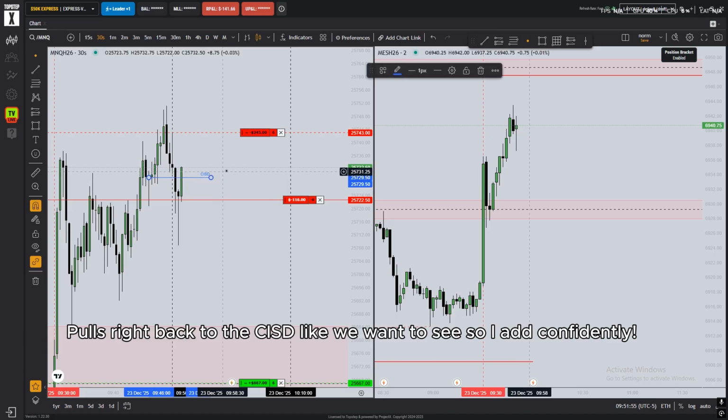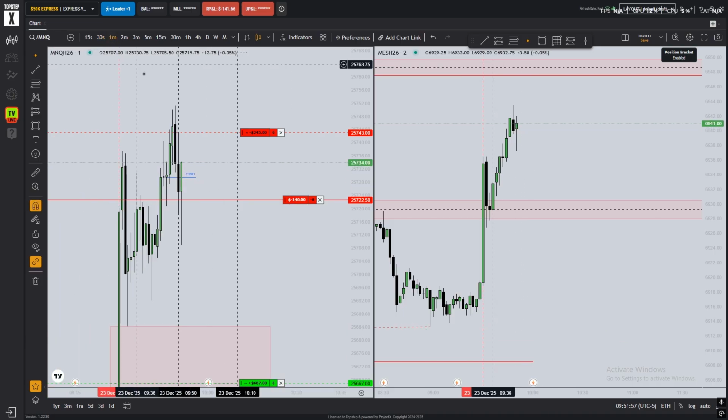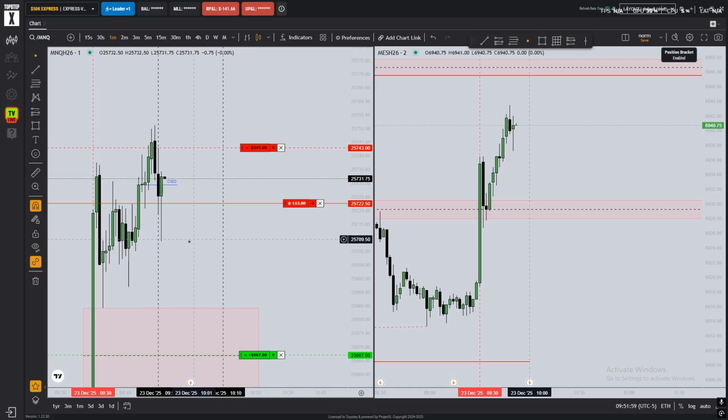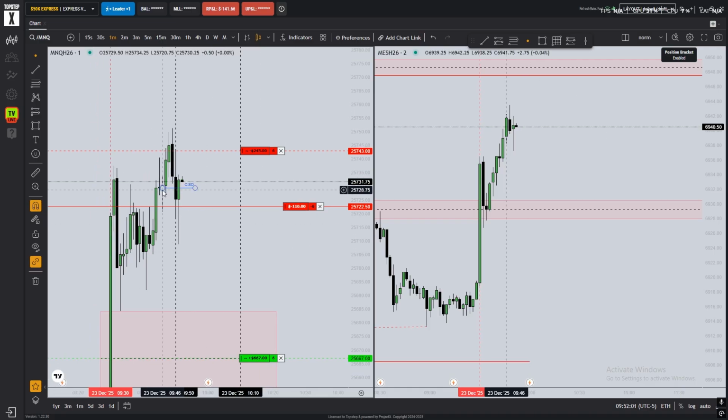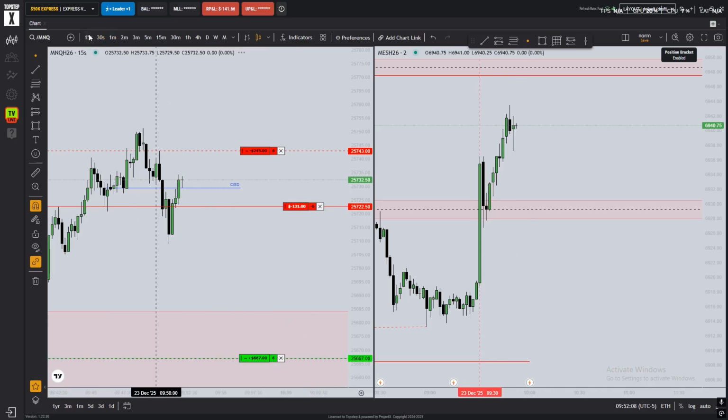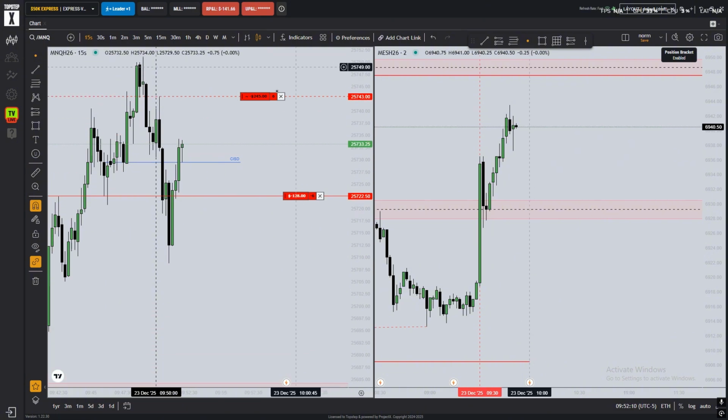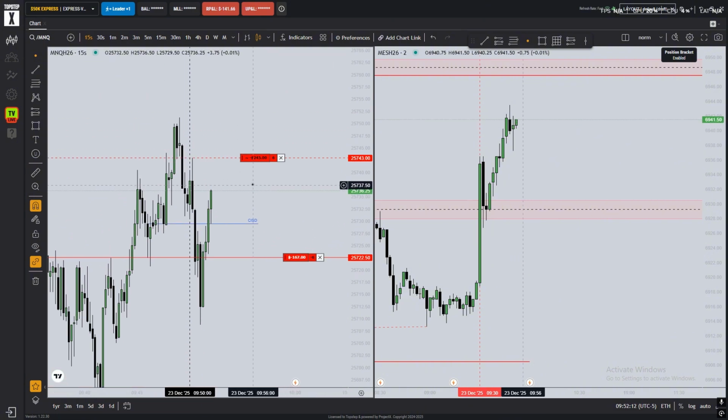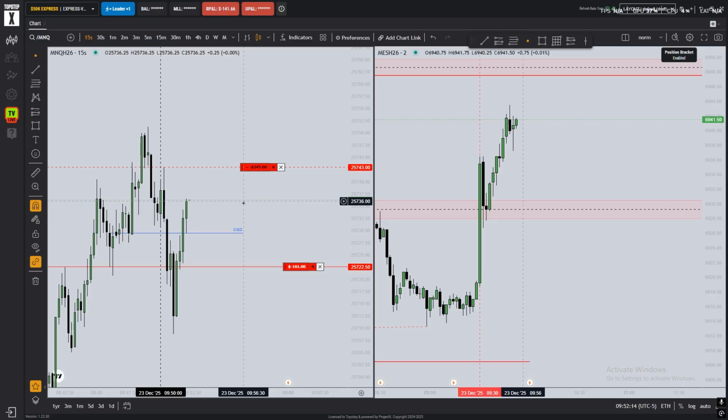Pull back up to the change. Out our 1 minute. We filled this. Stops at the high.